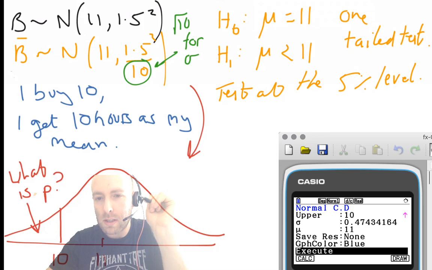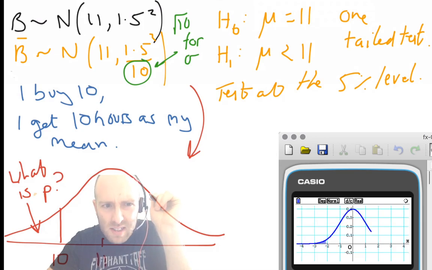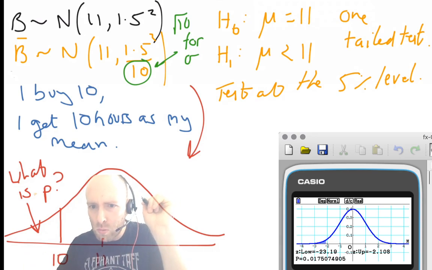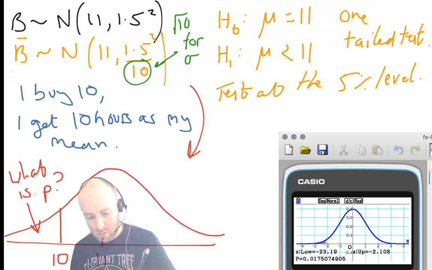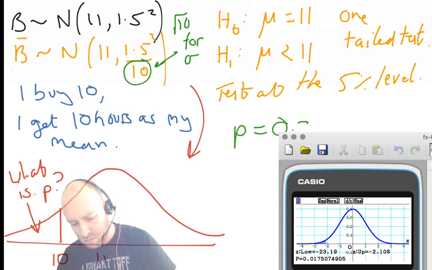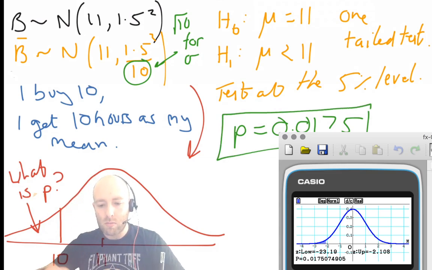And we can draw it just so we get a nice idea where this is. So if you look at it, 10 is right down the bottom of this. My probability is 0.0175. Cool.